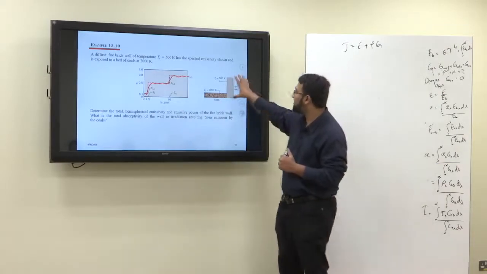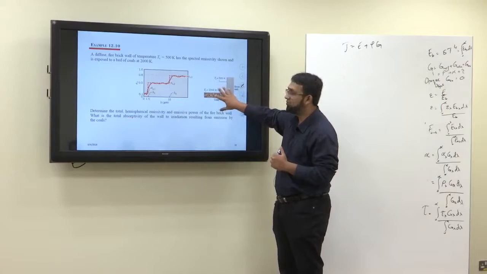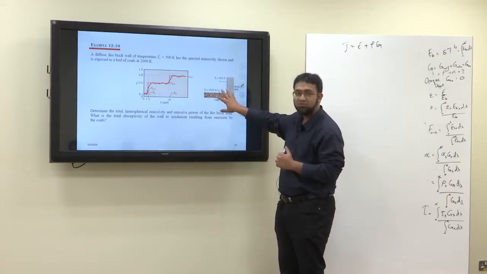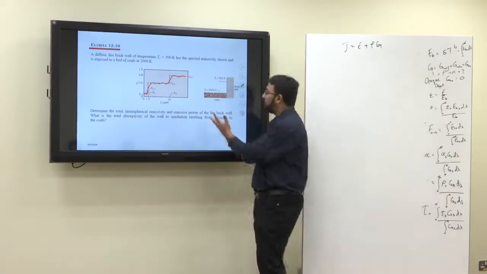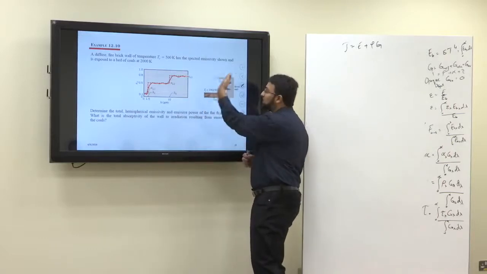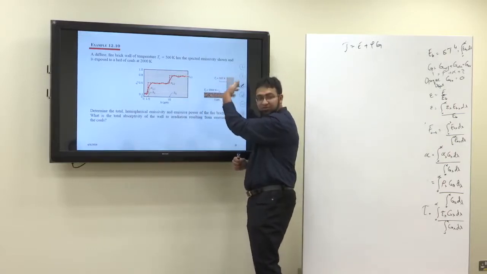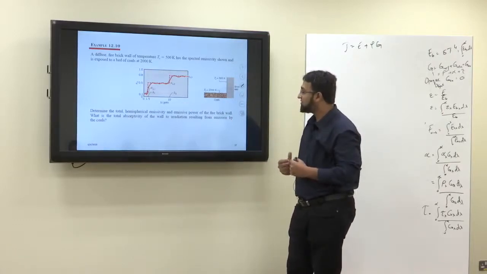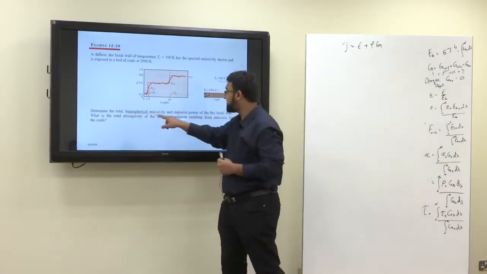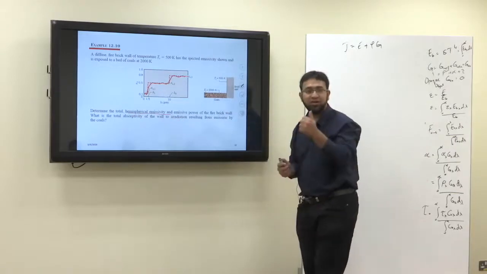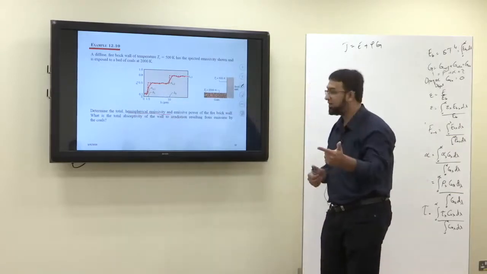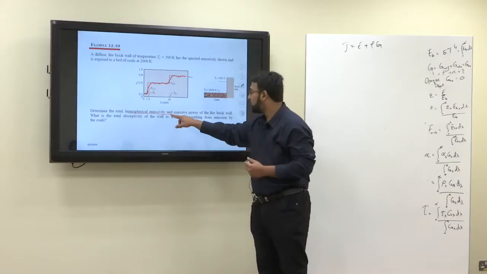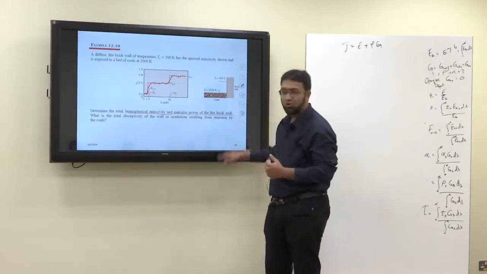This brick wall is exposed to the coals. So the emission from the coals is going to come and fall on the wall. Determine the total hemispherical emissivity. So we need to find the total emissivity and emissive power of the fire brick wall.